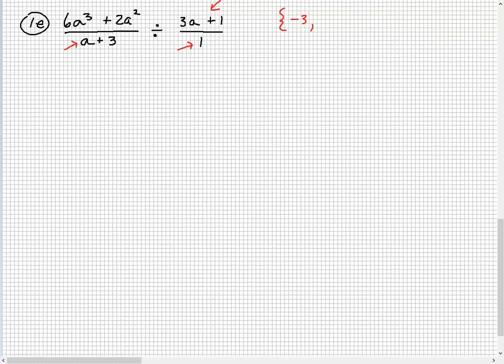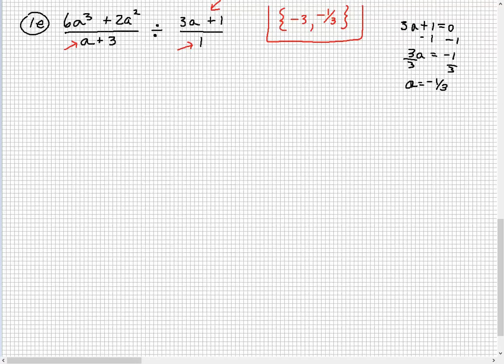So we need to solve this numerator, set it equal to 0. We have 3a equals -1, divide by 3. We have that a equals -1/3. So the other one is -1/3. All right, so these are the two excluded values for this problem.